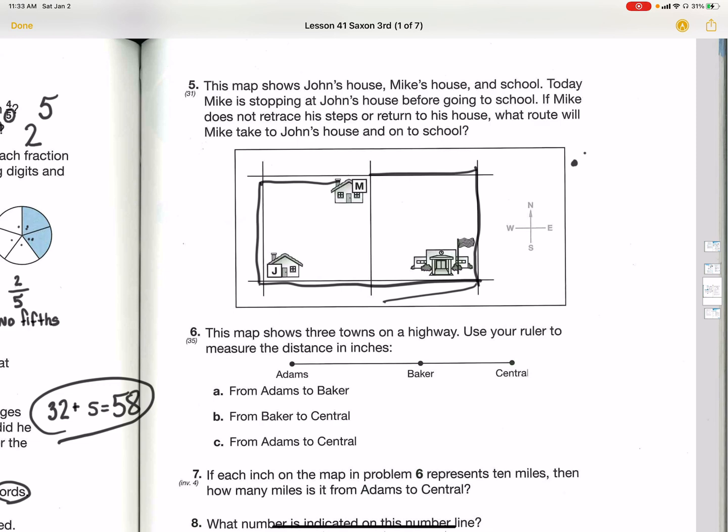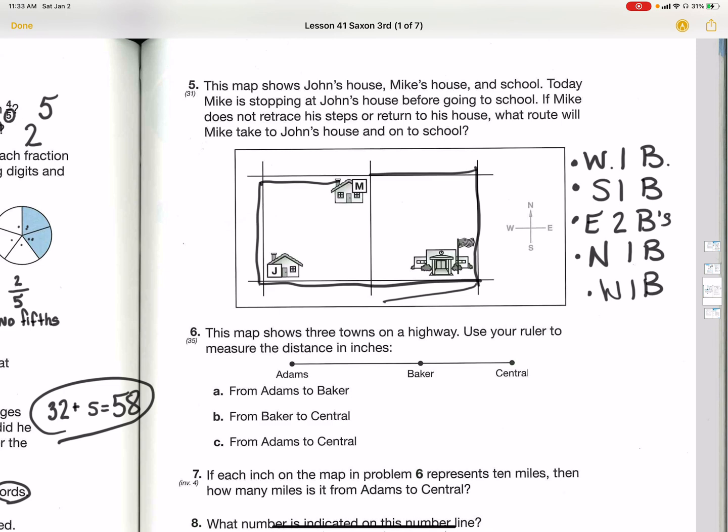So we're going to say west for 1 block, south for 1 block, east for 2 blocks, north for 1 block, west for 1 block. That is the answer.